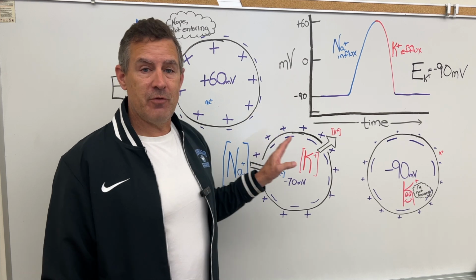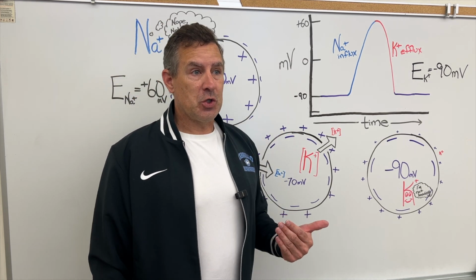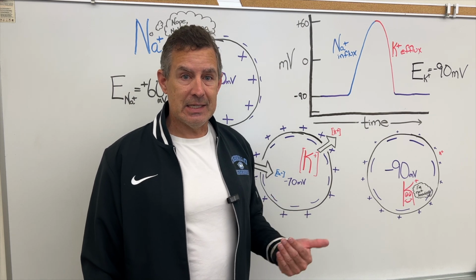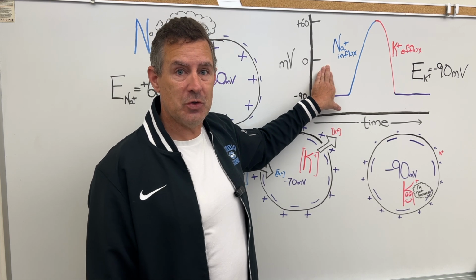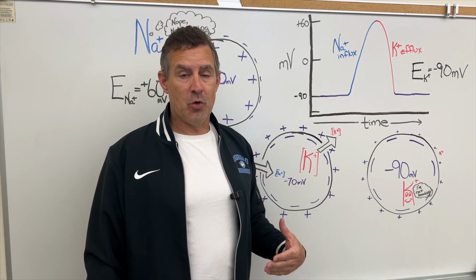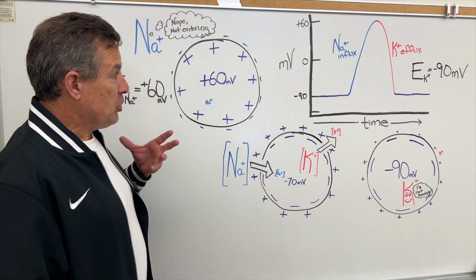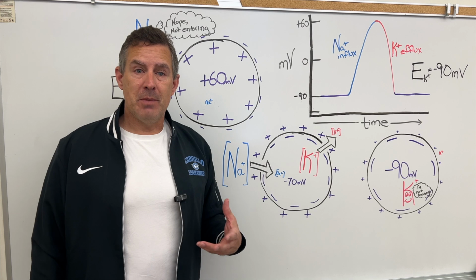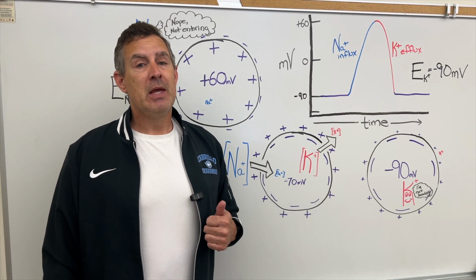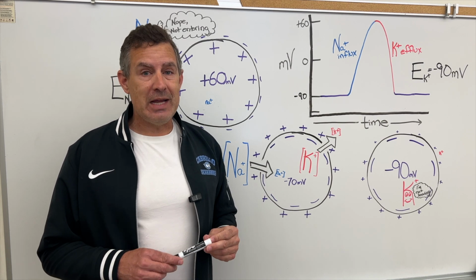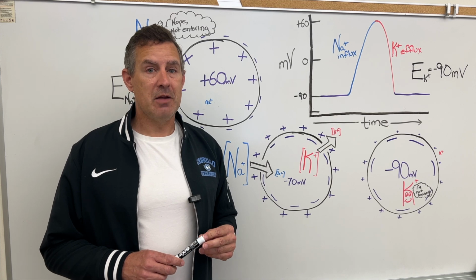I'm not saying this graph actually ever exists, or let me rephrase that, that the electrical activity in a cell actually is displayed by a graph like this. And I will fine tune these graphs as we move forward with neurons, which are nerve cells. But to be clear, sodium and potassium will move down their chemical gradients up to a point, and that point is their equilibrium potential. +60 for sodium, -90 for potassium.